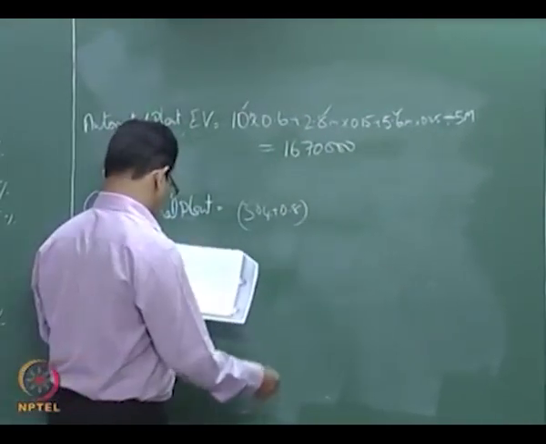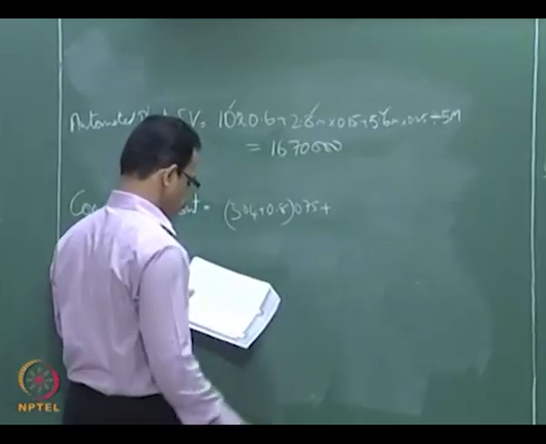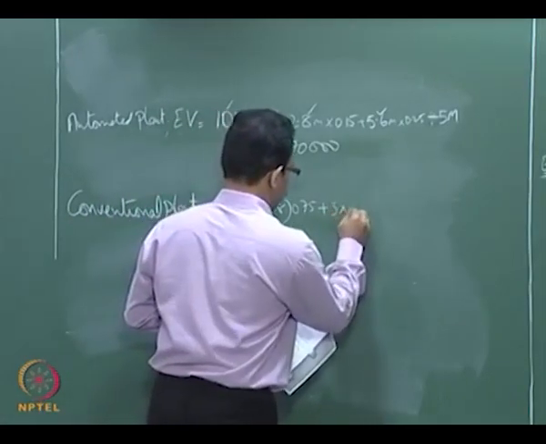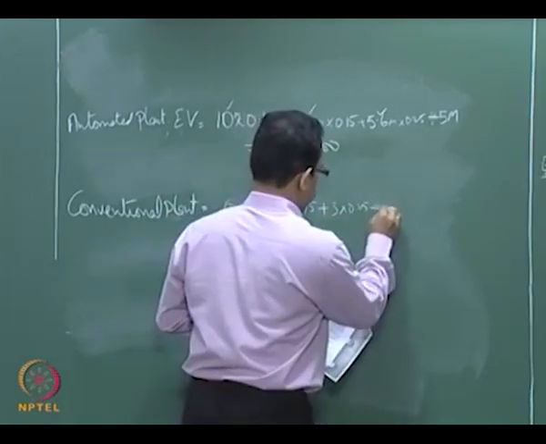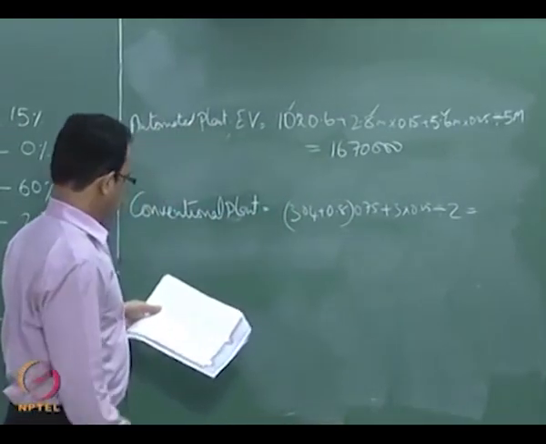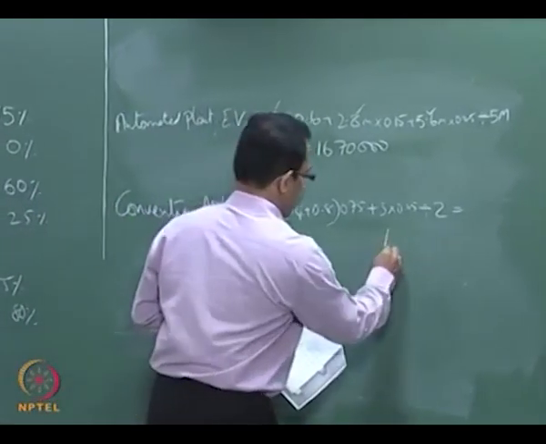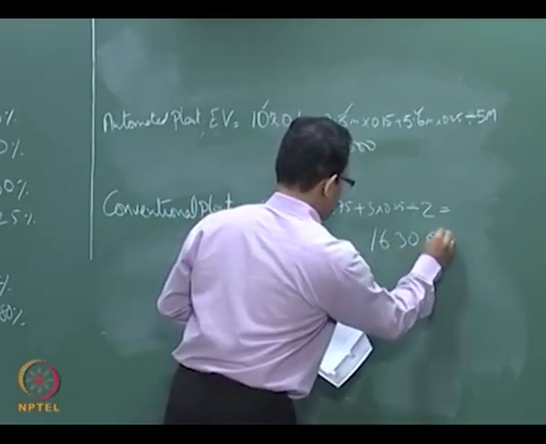So 3.4 plus 0.8 multiplied by 0.75 plus 3.2 multiplied by 0.25 minus 2 million. So this will be the expected value of the conventional plant and it will be given as 60,300.